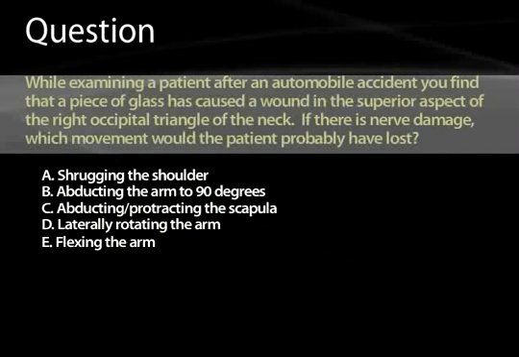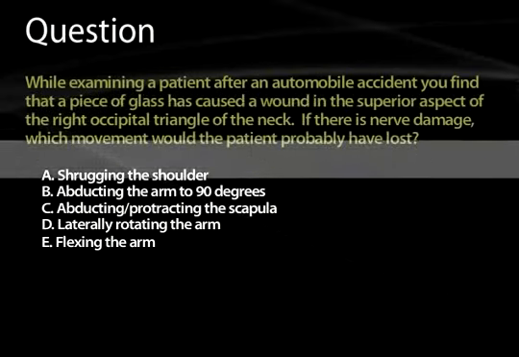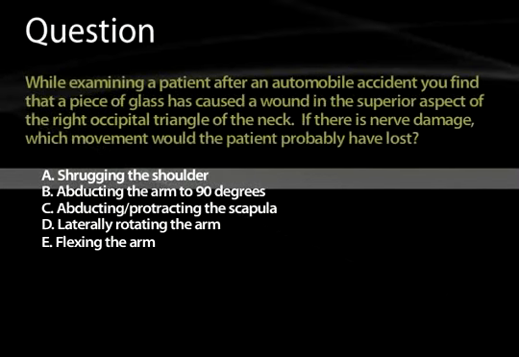This is a fairly straightforward question for most of you at this point in your studies, but you have to know where the triangle is, and then you have to know what nerve runs through there. The posterior triangle of the neck contains the occipital triangle, and running through that portion above the mid-belly of the sternocleidomastoid is the accessory spinal nerve, which is at risk of injury.